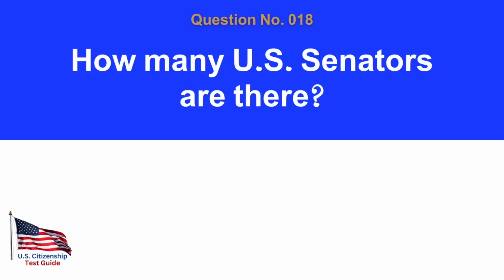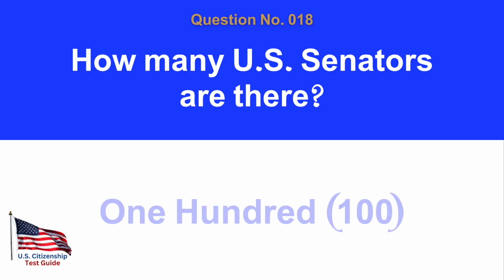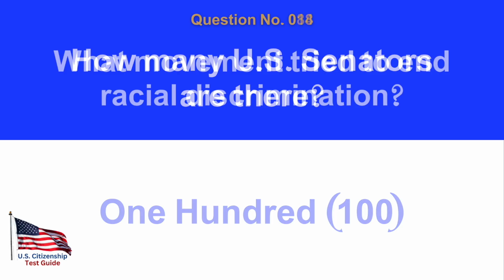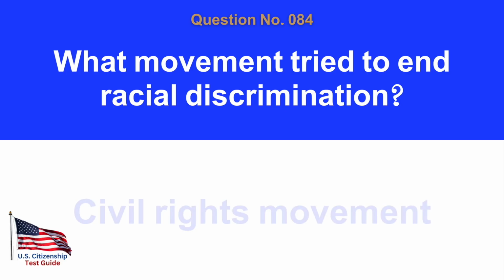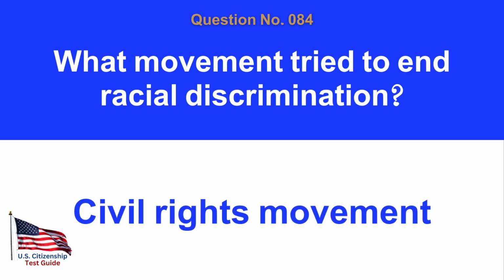How many U.S. senators are there? 100. What movement tried to end racial discrimination? Civil rights movement.